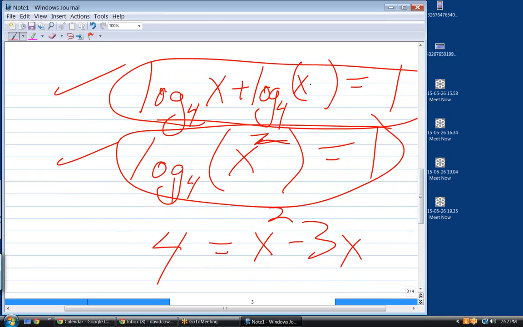Check for the negative. What was the original? Log base 4 of x plus what? -3. Okay. One of our solutions was 4. Well, the log base 4 of 4 is 1, and the log of 1 is always 0. So that works.